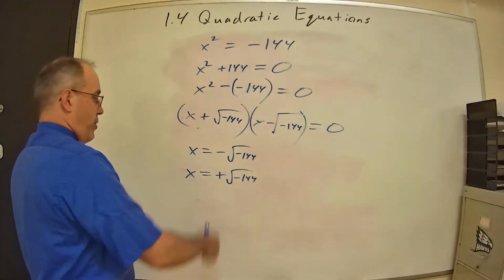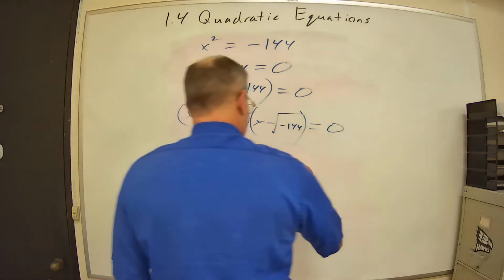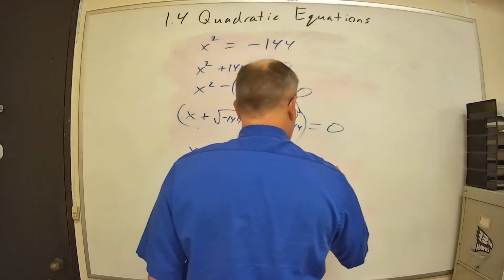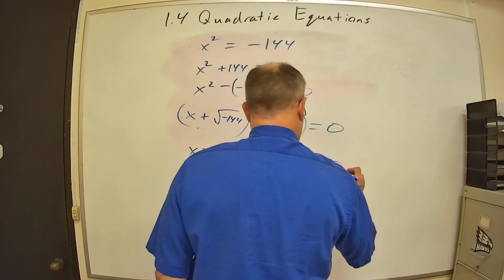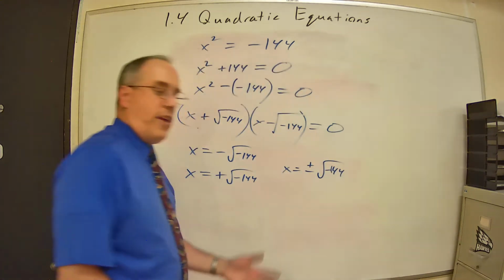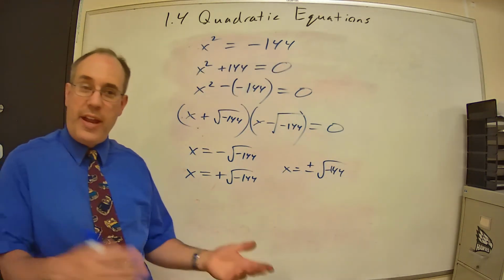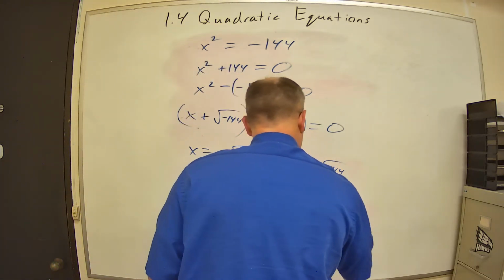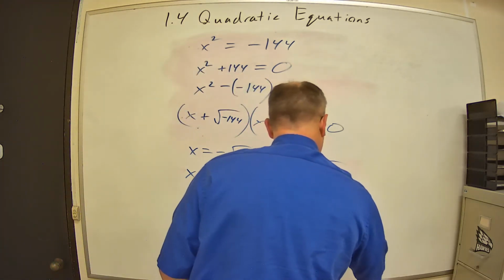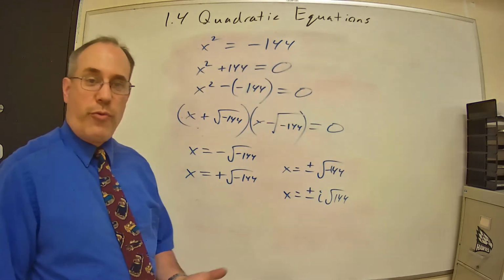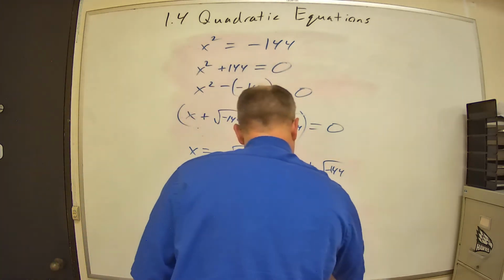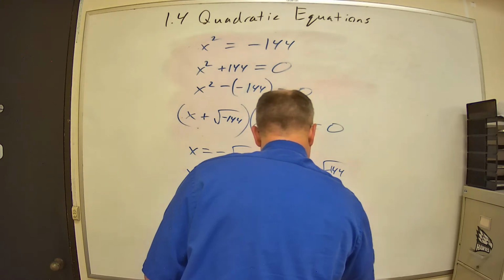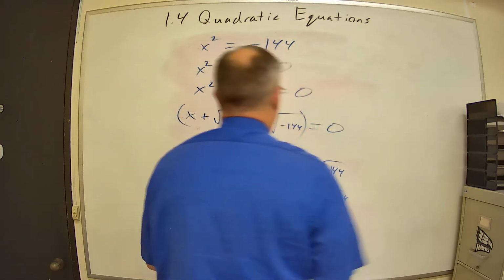So we have plus or minus, so I'm just going to write that as x is equal to plus or minus the square root of negative 144. Well, if you have a negative under the radical, you pull that out as an i. So x is equal to plus or minus i square root of 144. Square root of 144 is 12, so x is equal to plus or minus 12i.